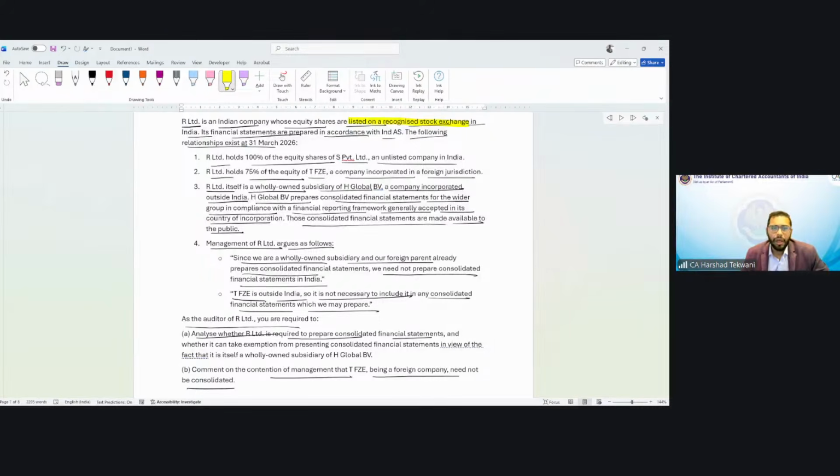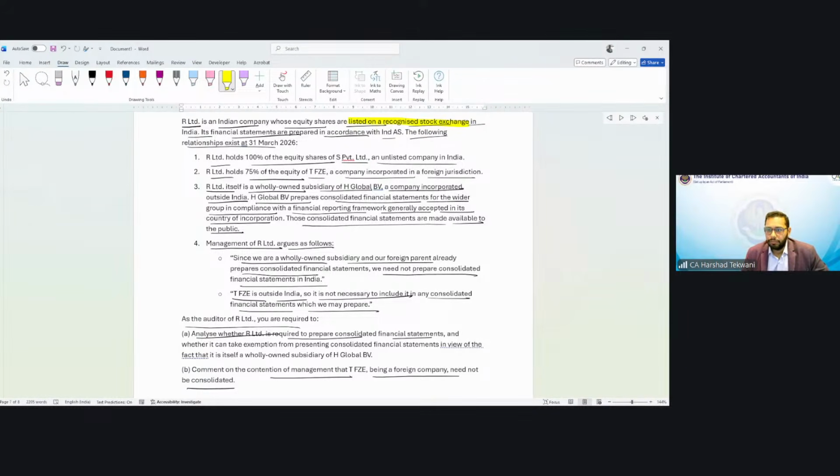Even in Ind AS 110, the definition of a subsidiary is an entity that is controlled by another entity. It does not say whether incorporated in India or outside India. A subsidiary is defined on the basis of control, not where it is incorporated.